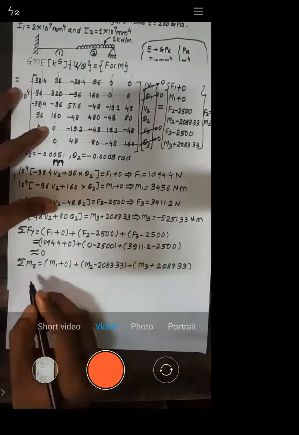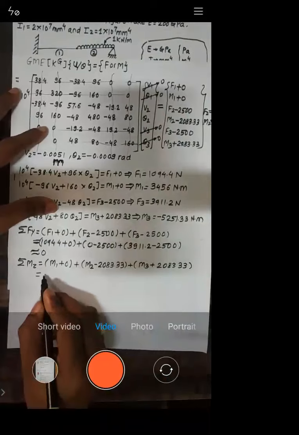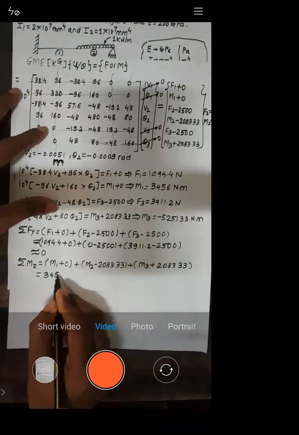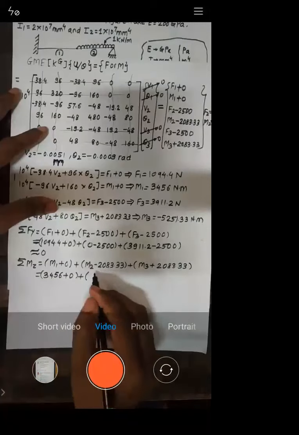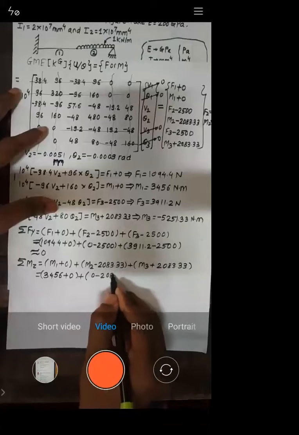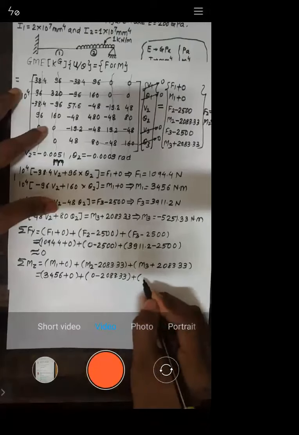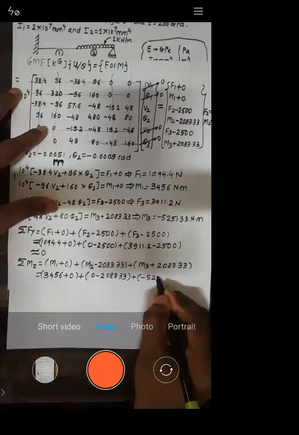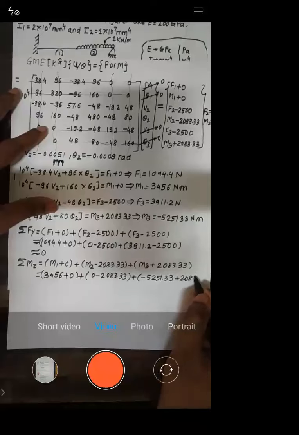The value of M1 we calculated is 3456 plus 0 plus M2 is 0 minus 2083.33 plus M3, which we calculated as minus 5251.33, plus 2083.33.